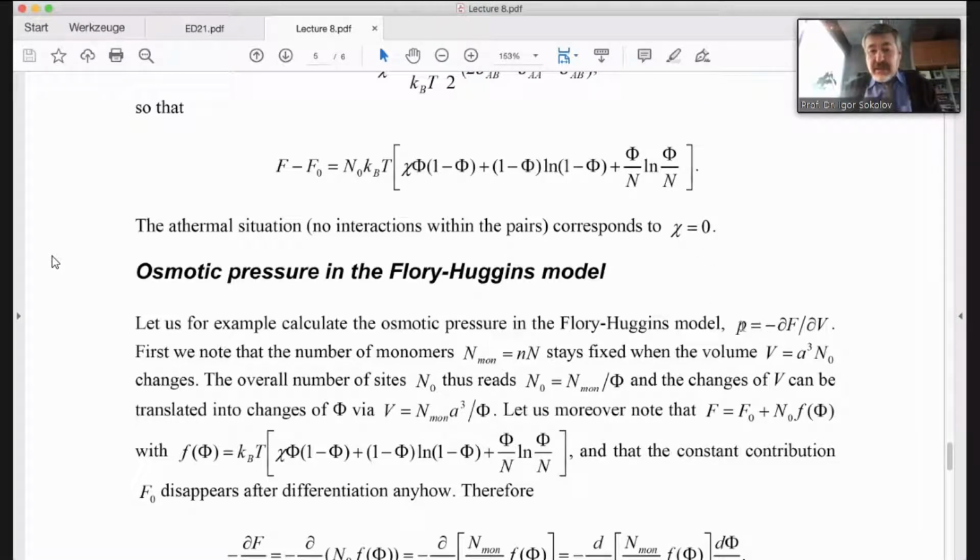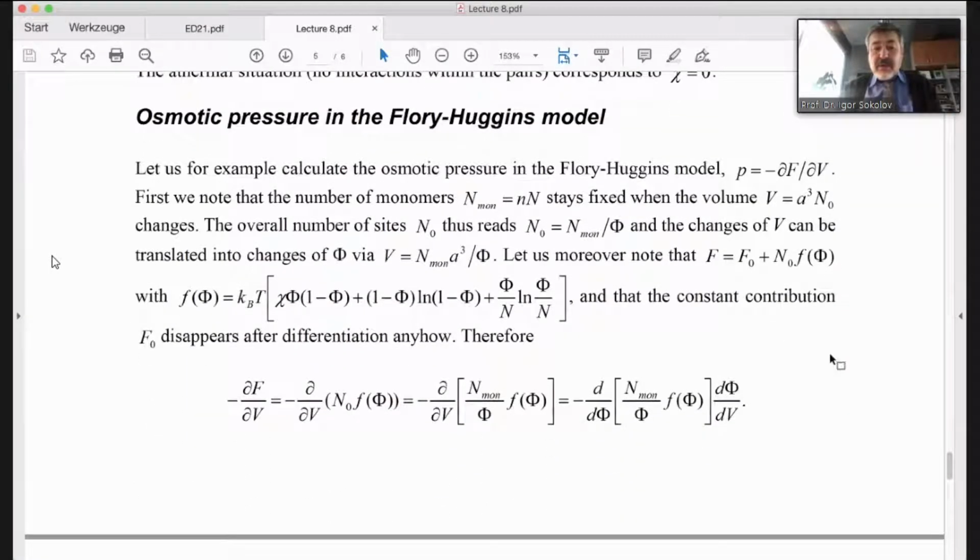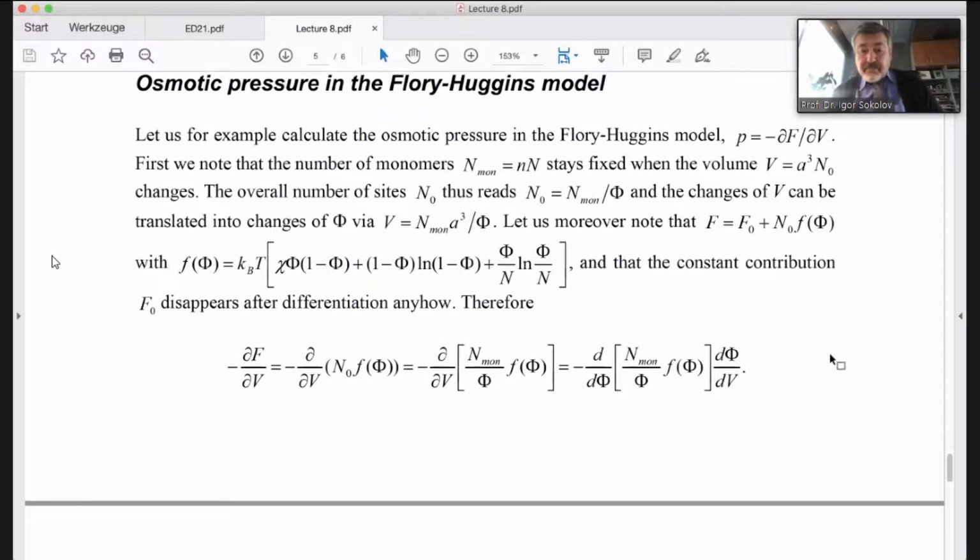So instead of phi you put the number of monomers divided by n0, and you recalculate n0 via the volume. And then you will have the volume everywhere, and then you take the corresponding derivative. But it's lengthy. So what I do here is the following.